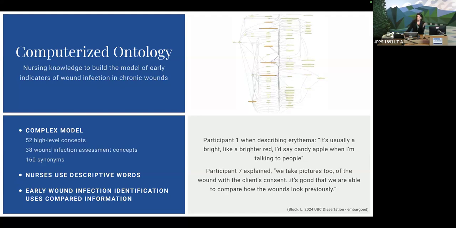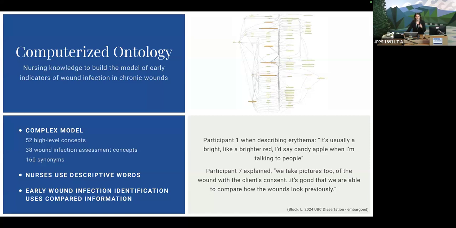We found, and again, maybe not surprising, that nurses use descriptive words. There's a couple of quotes here. I like this one. When describing erythema, I usually see it as bright, like brighter red. I say candy apple red when talking to people. And so we might see some of these in the notes, in the charting.